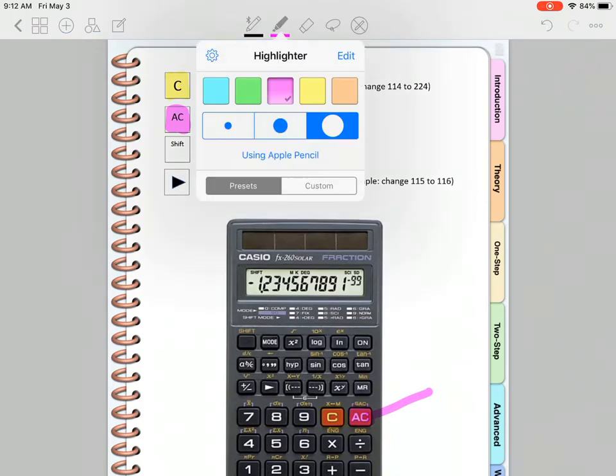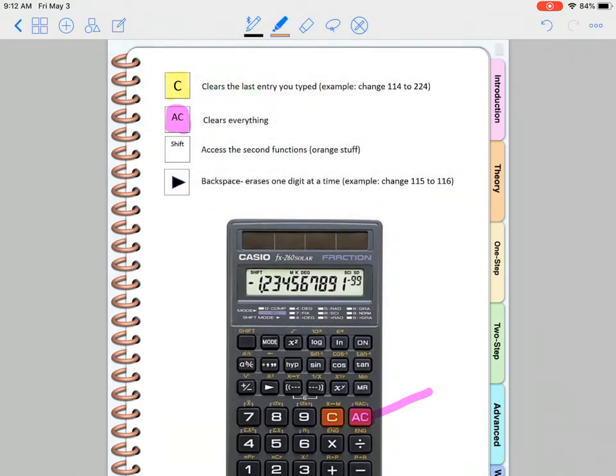The shift key is this very first key. Let me see if I can highlight that for you right there. This is the shift function, or the shift key. And that's going to allow you to access everything in orange on this keyboard.